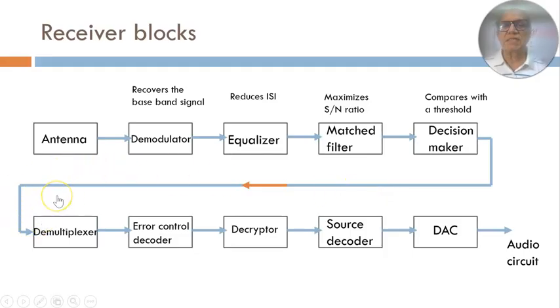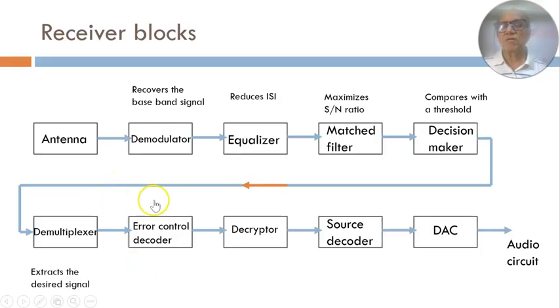Now this stream of bits that you obtain is coming from various sources, but you are interested in the stream which is intended for you. So therefore you have to do what is called a demultiplexing operation, and the circuit that does it is called a demultiplexer. So that is what it does. It extracts the desired signal from a signal which is a combination of signals from many users.